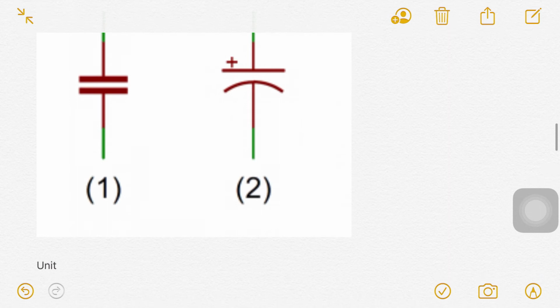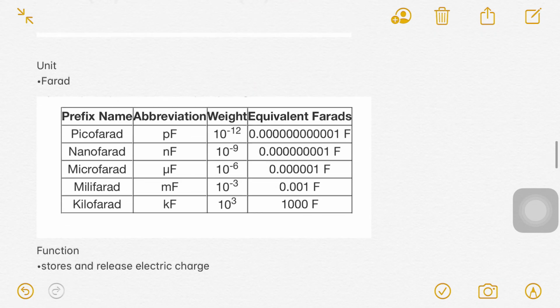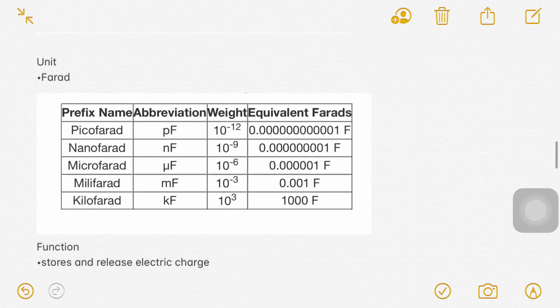And also, the unit we use for capacitance ng isang capacitor is what we call farad, which is designated by the symbol F. Okay? Bakit F? But itong farad nito is actually too big. Masyadong malaking value nito. So, usually, ang ine-encounter natin is microfarad, nanofarad, picofarad.